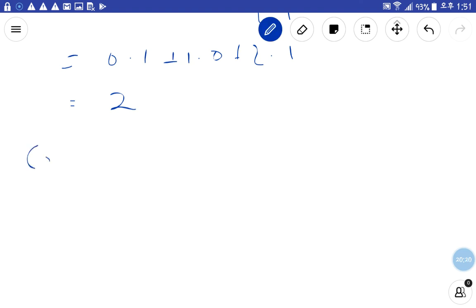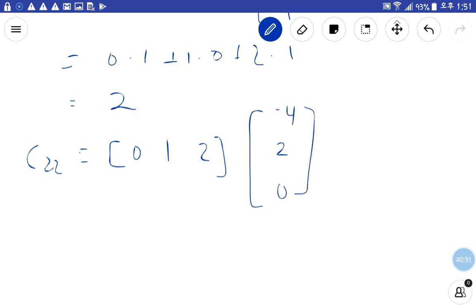Here, it would be 0, 1, 2, and negative 4, 2, 0. You do the same way. First numbers, multiply them together. 0 times negative 4 plus 1 times 2 plus 2 times 0, which is 0 plus 2 plus 0.